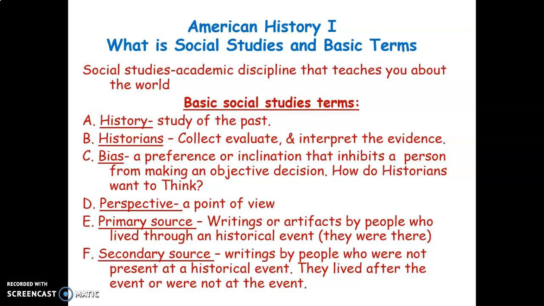History is the study of the past. So what is a historian? It says here they collect, evaluate, and interpret the evidence. Basically, think about a research paper when you gather all the information you need. That's collecting evidence, and that's what historians do.